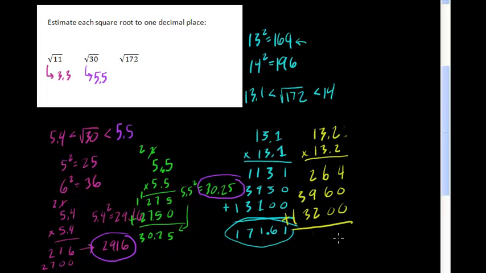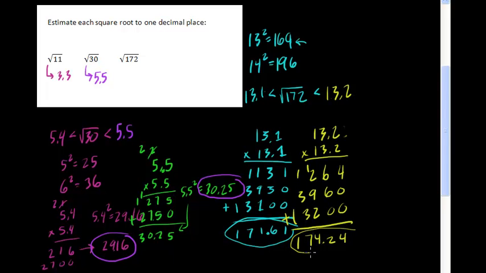Add them all up. 4, 6 plus 6 is 12, carry the 1. 9 plus 5 is 14, carry the 1. 3 plus 3 plus 1 is 7, and then 1. So here we get 174.24. And that means that the square root of 172 is below 13.2, right?